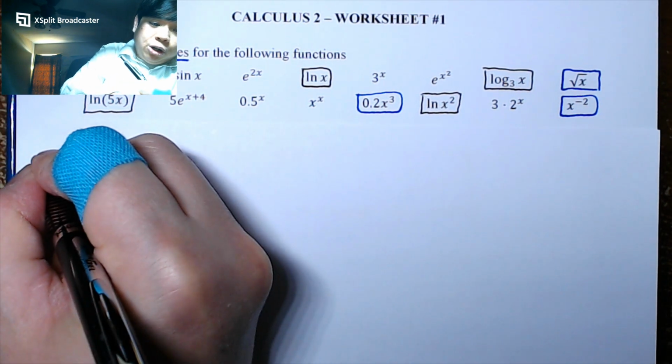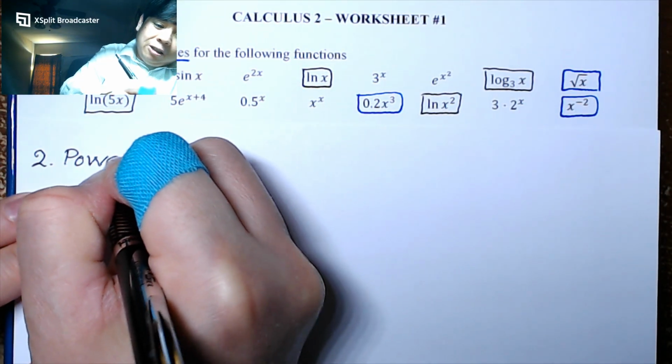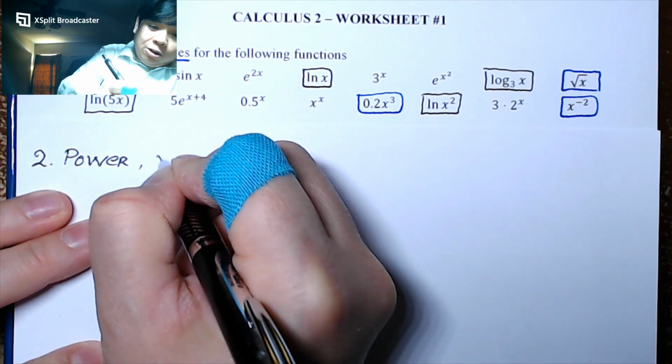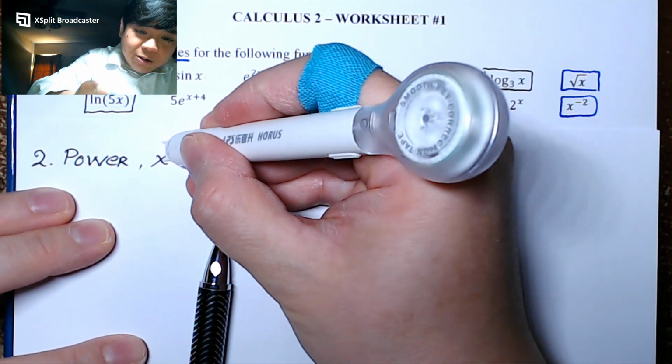So class number 2, we have powers, x to the b, x to a power.